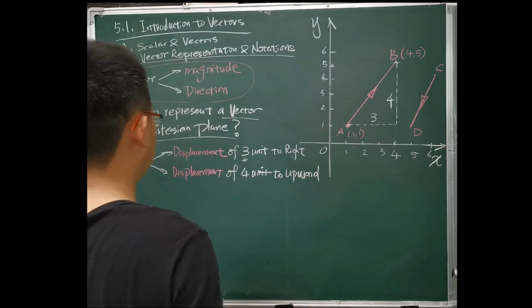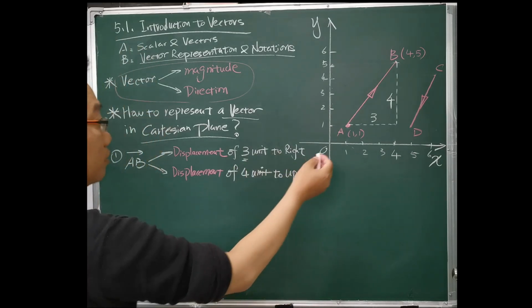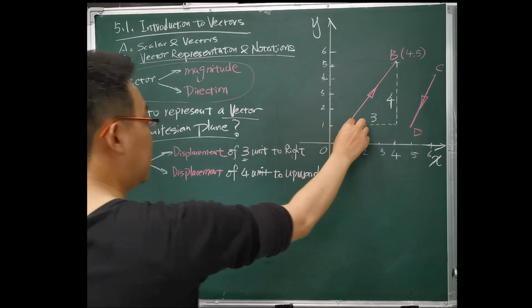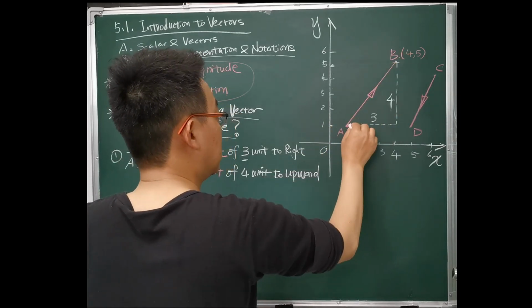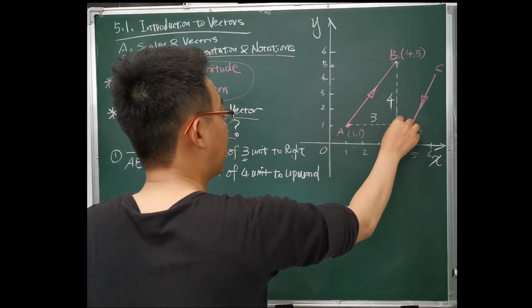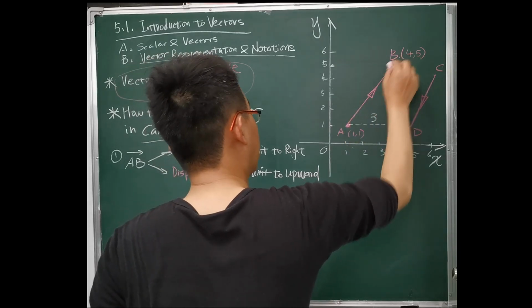So for this vector A to D, they're moving 3 units to the right and 4 units upwards, so they reach here. So this is the direction, right?